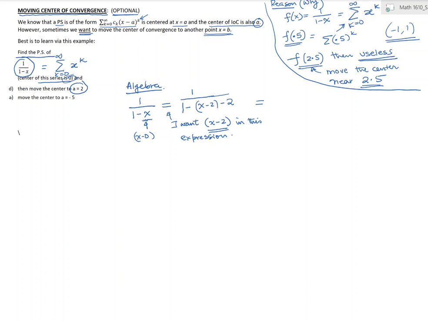Okay, so now what is this? 1 over, now I want x minus 2, but then I have 1 minus 2. That means negative 1 minus x minus 2.